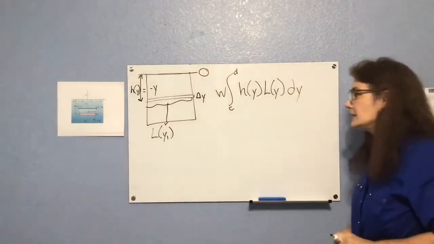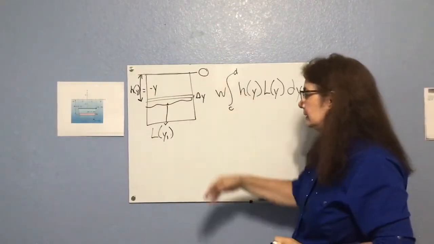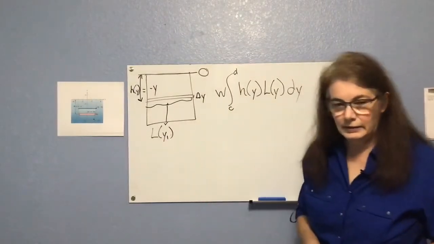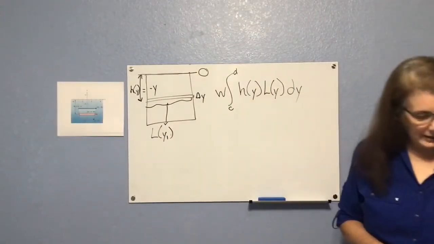Okay, once again, h is the depth of the fluid, and L of y is the length of the plate at that depth.